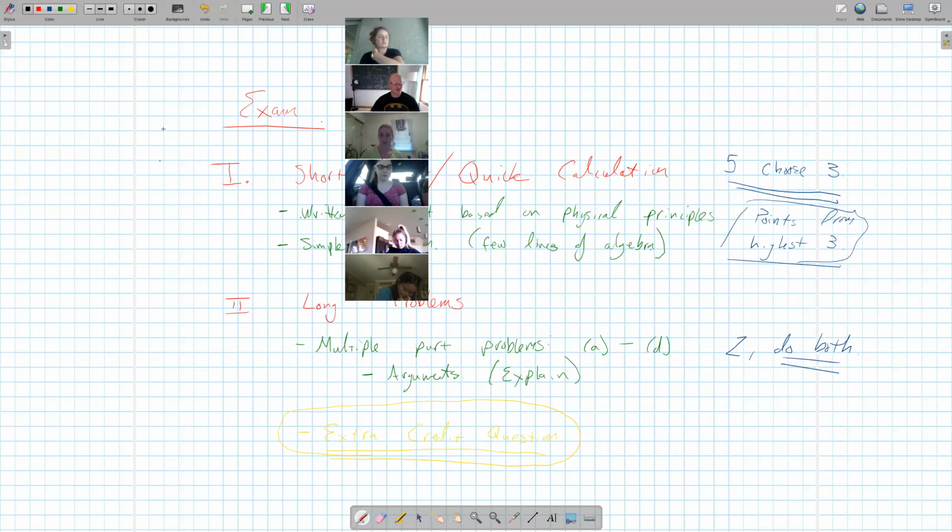So one thing I usually try to promote, especially in an in-class setting, since we're online, is a little bit different. But since you have limited time, what I usually suggest is to go through all the problems in just an algebraic form and then put in all the numbers at the end. So basically do every problem algebraically and then go back and use your calculator at that stage and do all your numbers at the end.